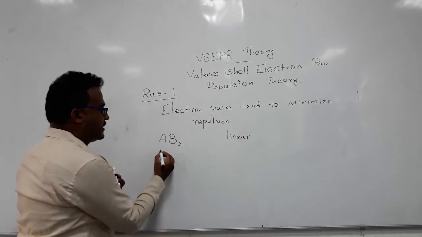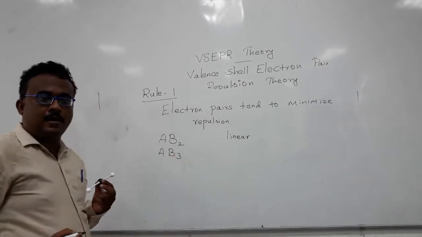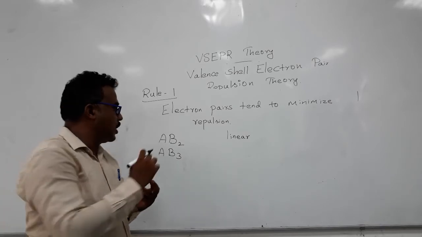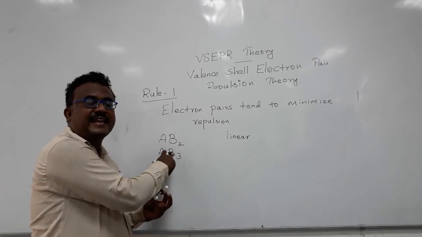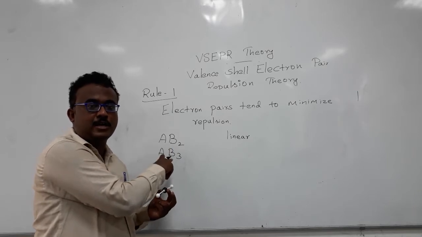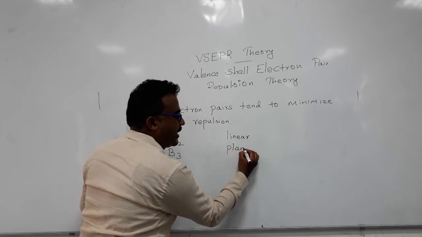When you go to a system of AB3, the central atom is attached with 3 B atoms, so it has 3 bonded pairs of electrons. The preferred geometry is trigonal planar.